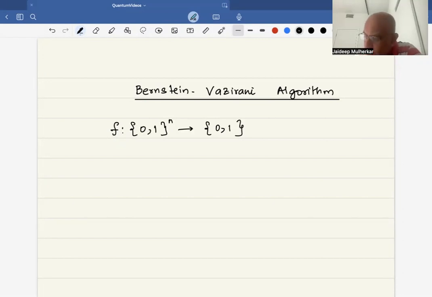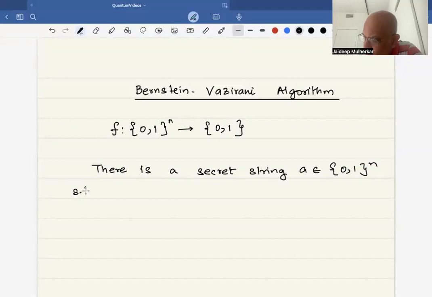We are given that there is a secret string a such that f of x is equal to a dot x.